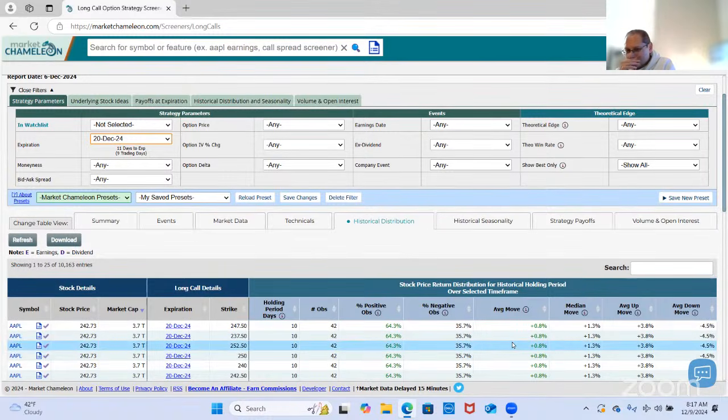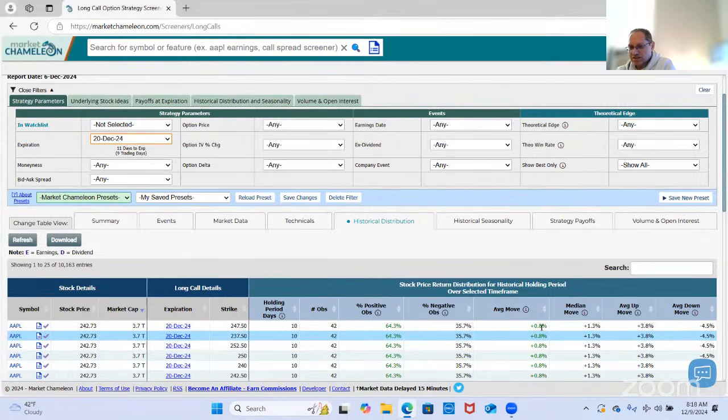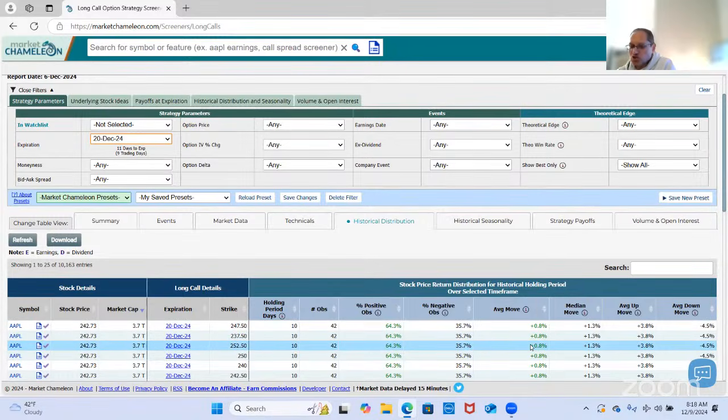Well, we could also analyze it from another perspective. And let's say, even though it is up 0.8%, there could still be a skew there with one big outlier on a positive note.